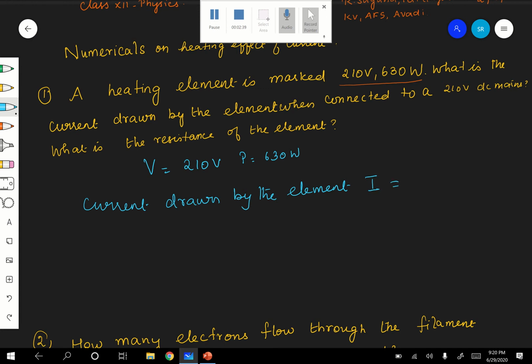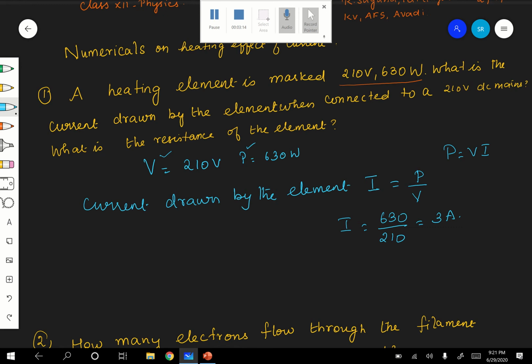P is given, V is given, so from that you have to find out I. Therefore, I is equal to P by V. What is P here? P is 630 divided by 210, and therefore 3 amps. Therefore the current drawn by the element is 3 amps.